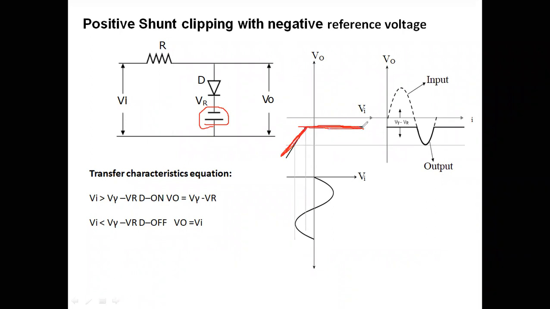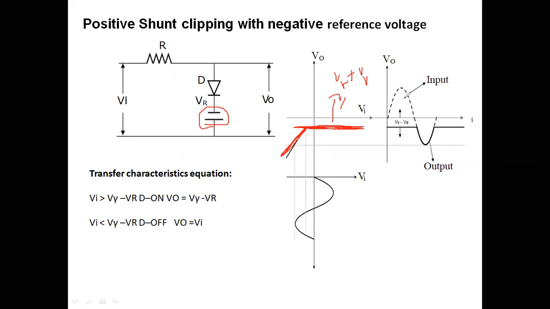Up to this reference voltage, or you can take reference voltage plus cut-in voltage, this gap is nothing but the reference voltage plus cut-in voltage, VR plus V gamma. That is the practical case; otherwise, you can take the ideal case.